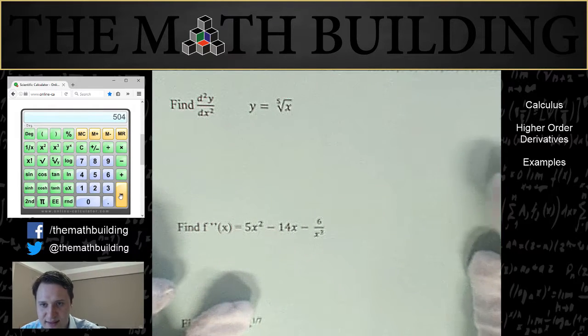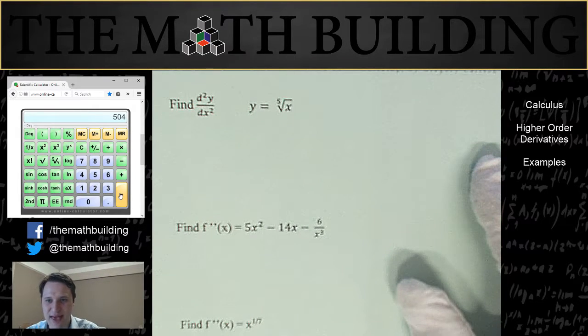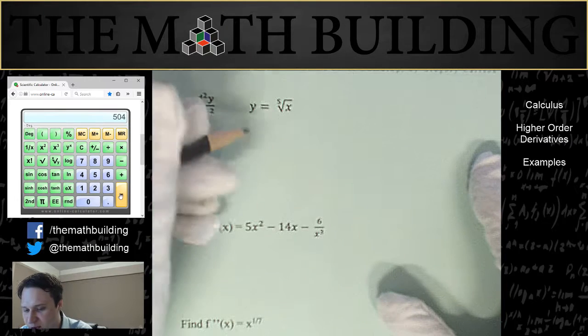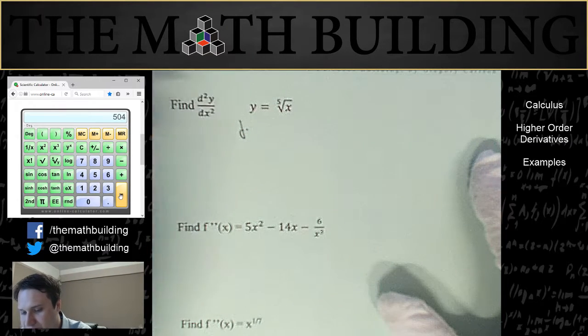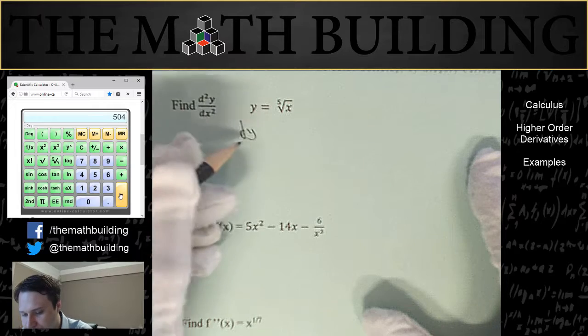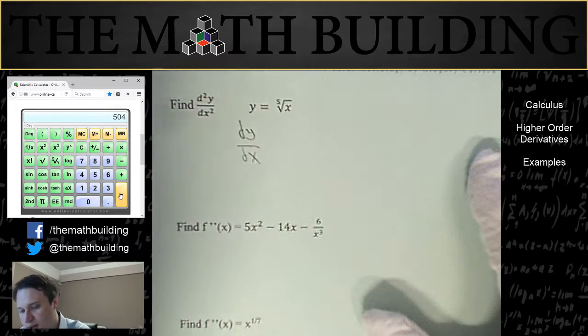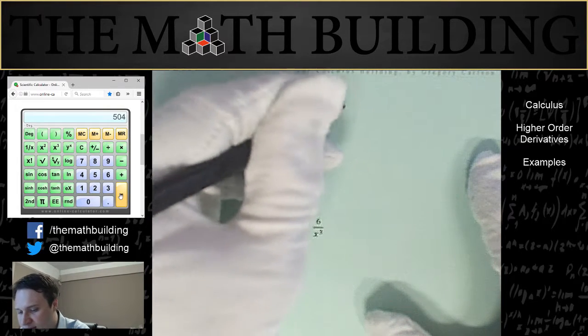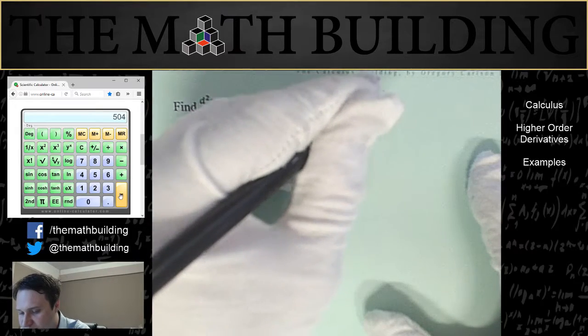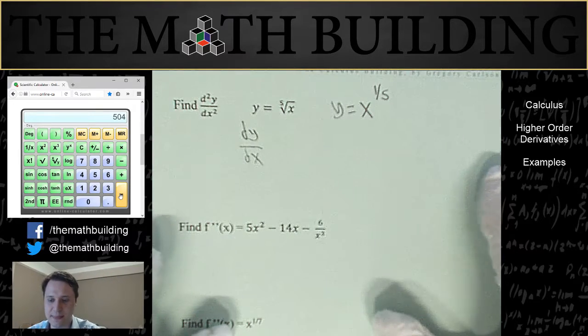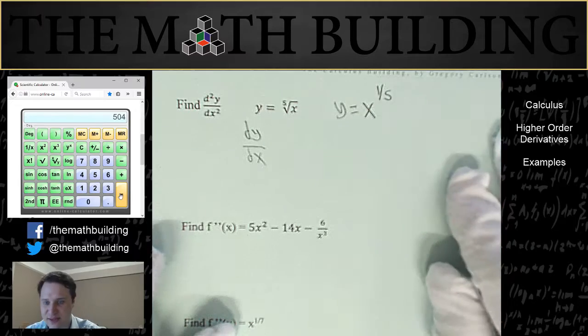Okay, so we've got y equals the 5th root of x, and we want to find the second derivative. So let's find the first derivative first. Before I do that, let's remember that we can rewrite this as y equals x to the 1/5 power. Is that okay? The 5th root of x is the same as x to the 1/5.